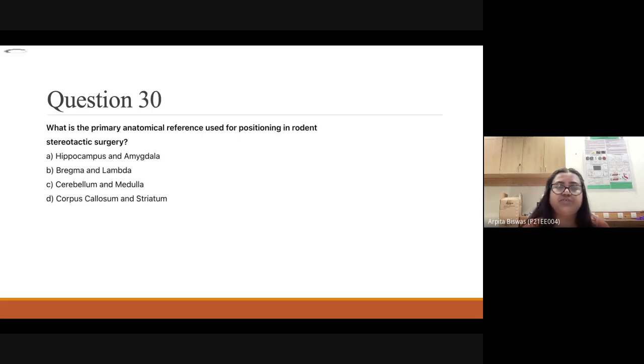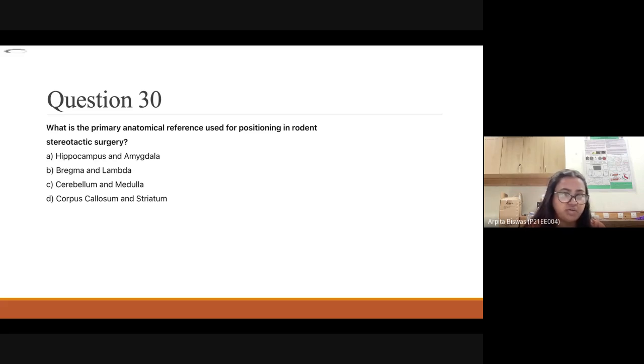Okay, so this is question number 30. What is the primary anatomical reference used for positioning in rodent stereotactic surgery? First, hippocampus and amygdala. Second is bregma and lambda. Third option is the cerebellum and medulla. And fourth option is the corpus callosum and striatum.